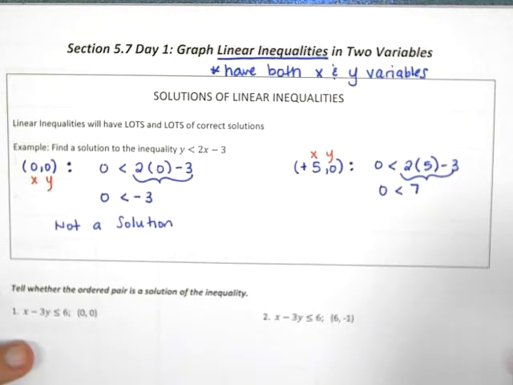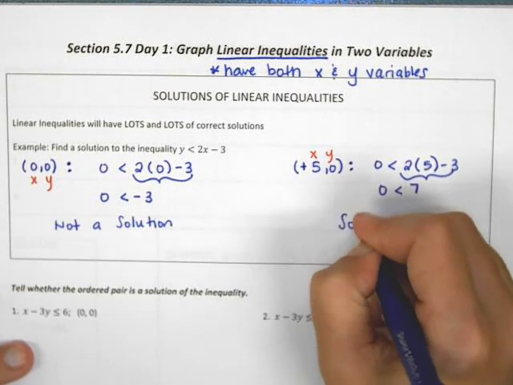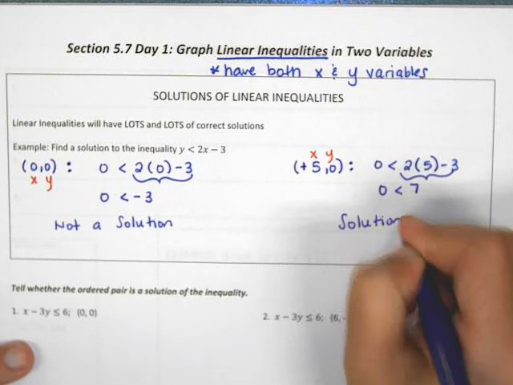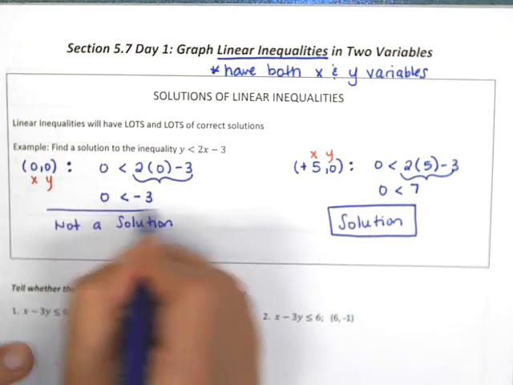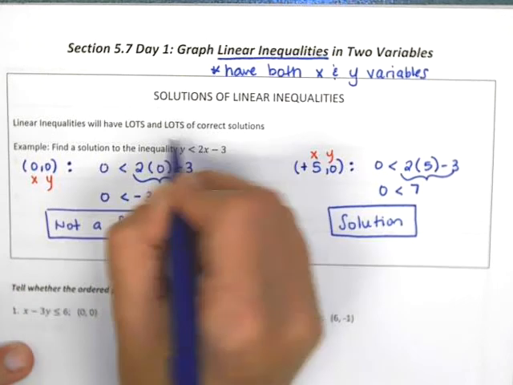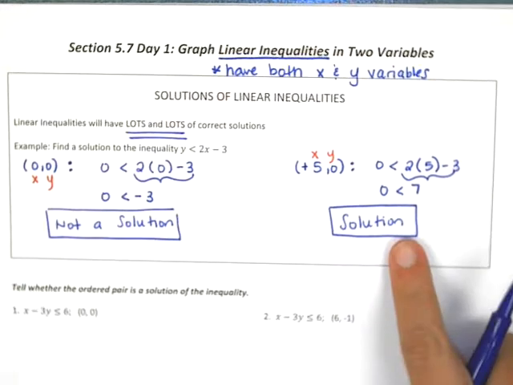Since 0 really is less than 7, we would say that this ordered pair is a solution. Now, every one of these problems will have lots and lots of solutions.